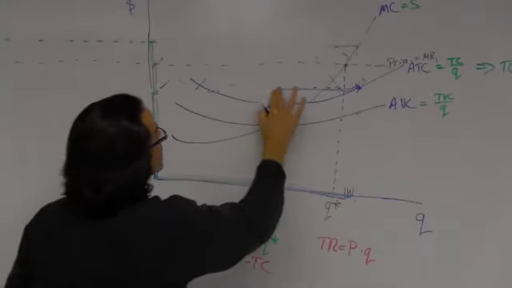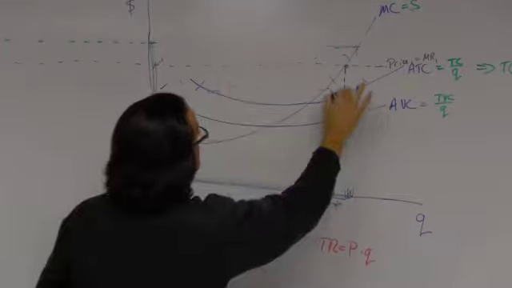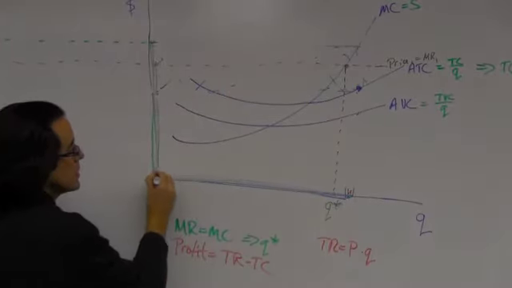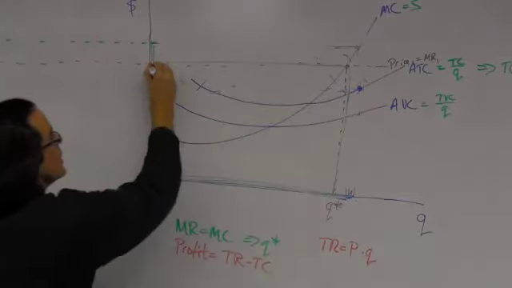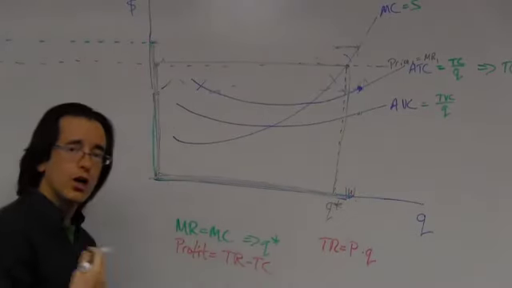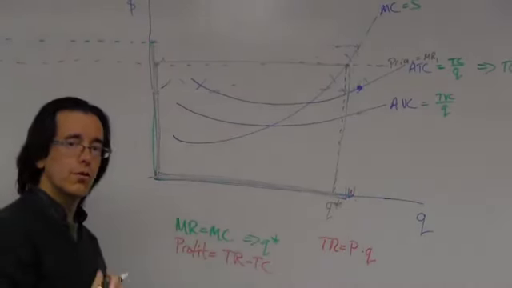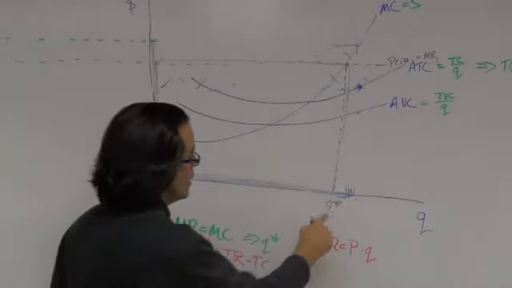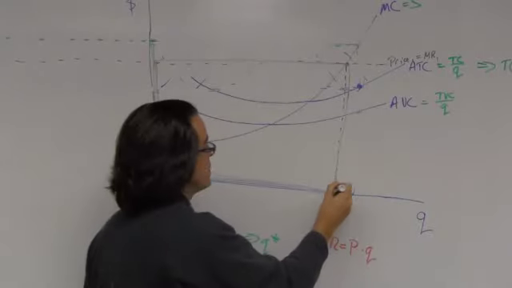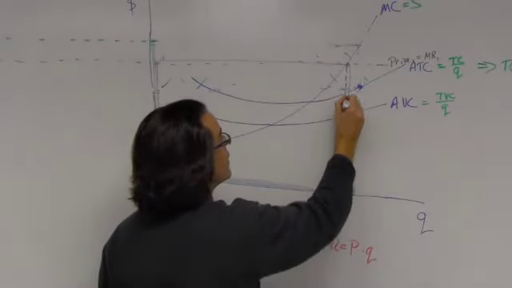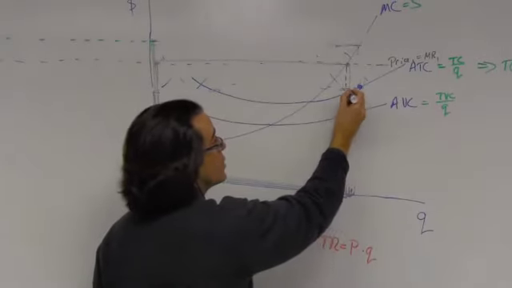let me erase the old line here. So we have price times quantity. So this box here represents our total revenue. What about our total cost? Well, starting at our new profit maximizing level of output, we go up until we hit that average total cost curve.